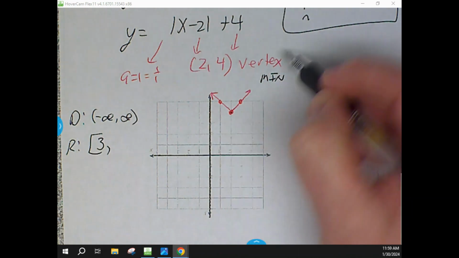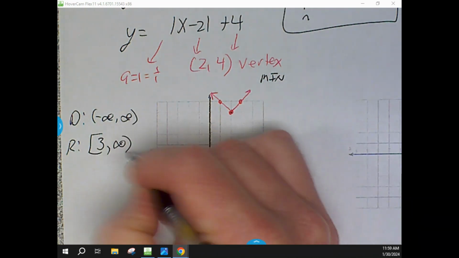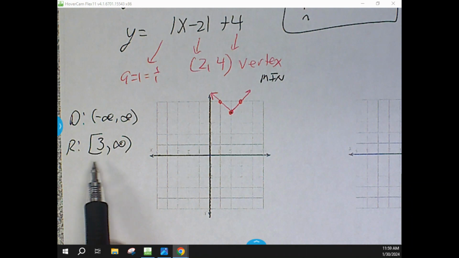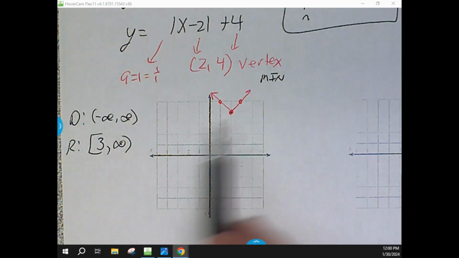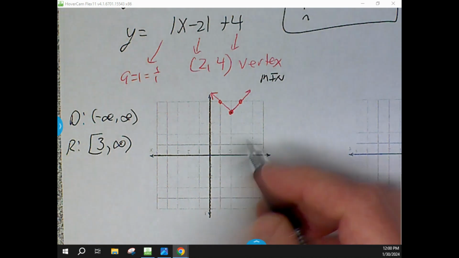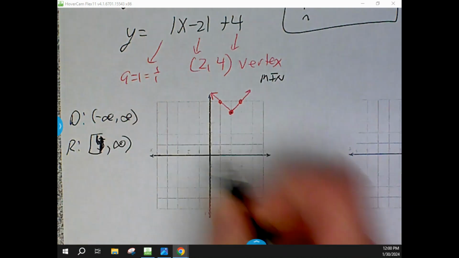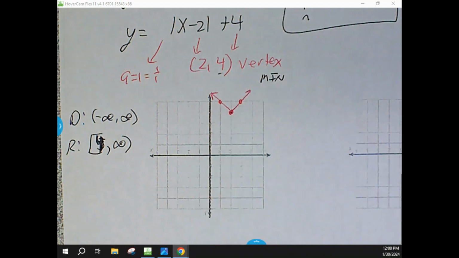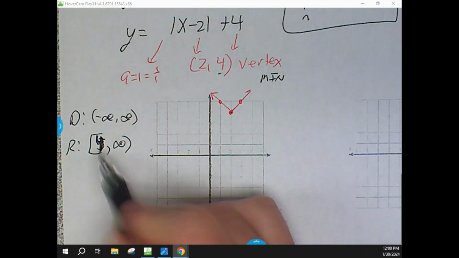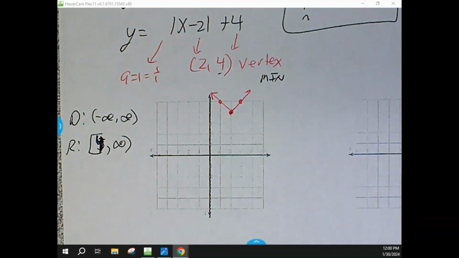And it goes up forever, so that's 3 to infinity. And so on the range on these, you do get to box that number in. So anytime we're doing range, whatever number you're going to use for your y value from here. Wait, I'm sorry, that's 4. My bad. Can't count. Because that's the same number that's here that's going to go there. So whatever that y value is that's here, that's going to start off your range there and go from there.